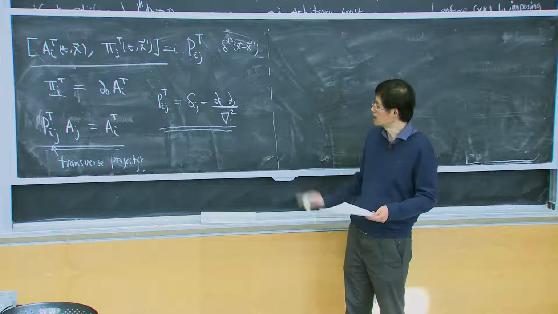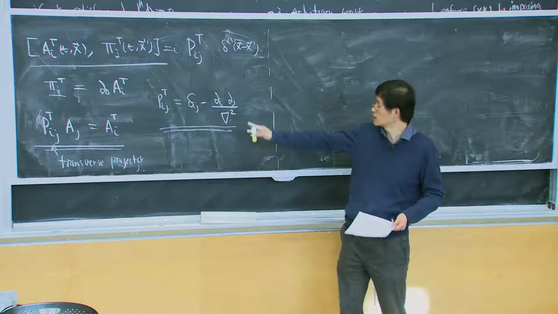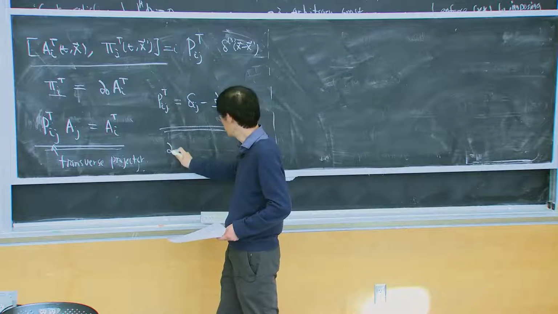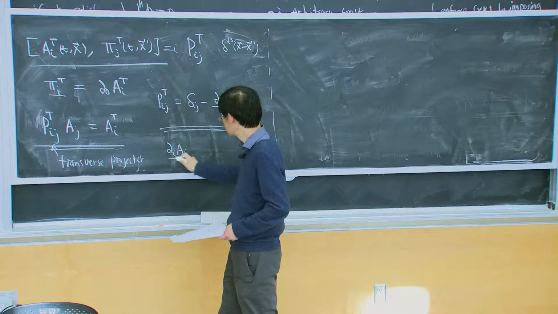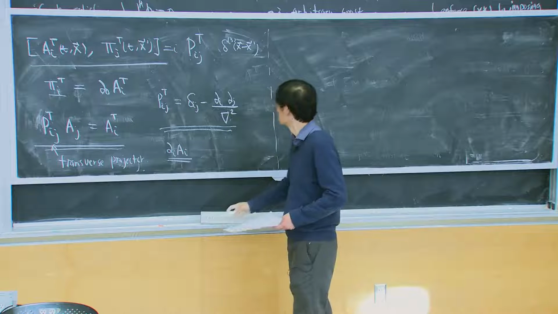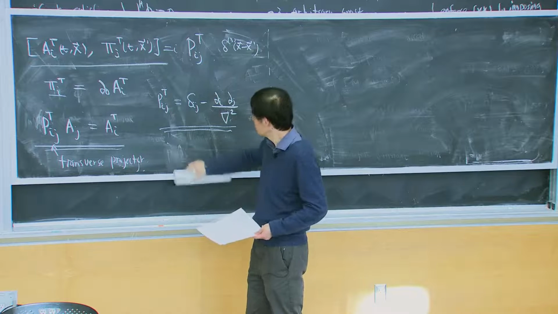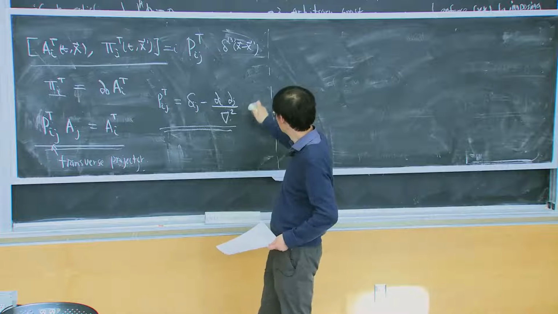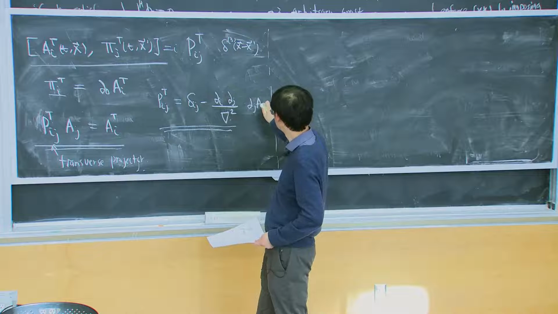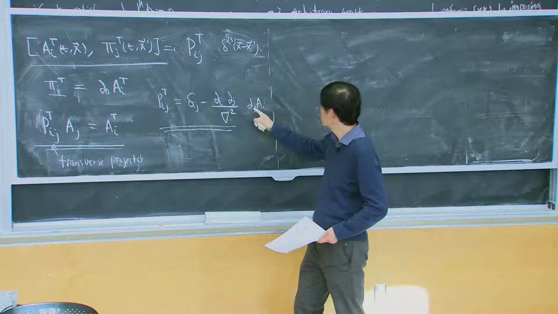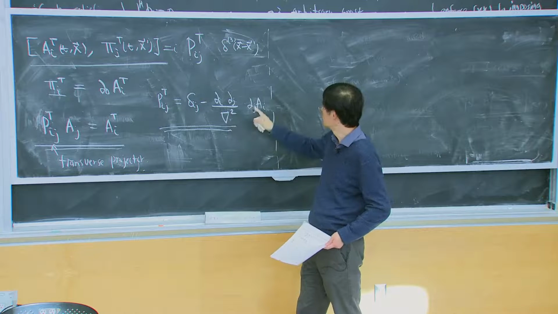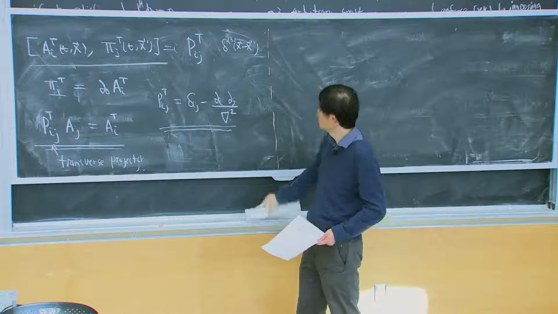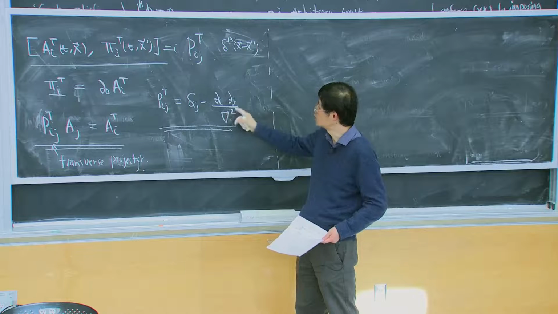Yes, this is just formal notation. One thing you can check yourself: if you have something like partial_i A_j, this is a longitudinal part of A. If you act this on partial_j A_i, then this will cancel with the denominator, and that gives you the transverse part. Anyway, just try to treat this as a projection. Momentum space is very easy to understand.